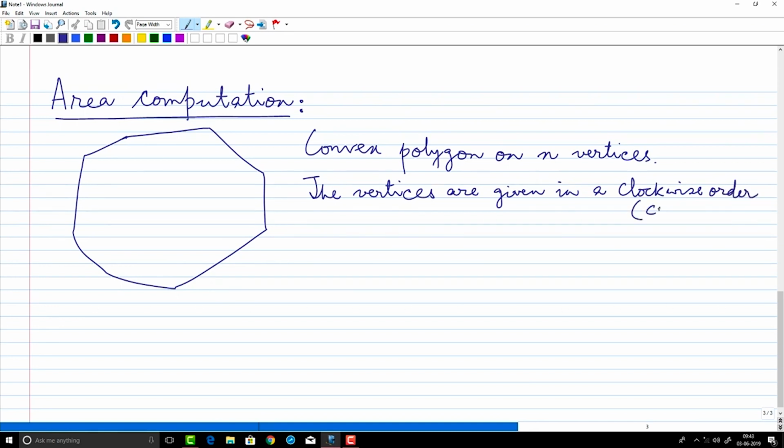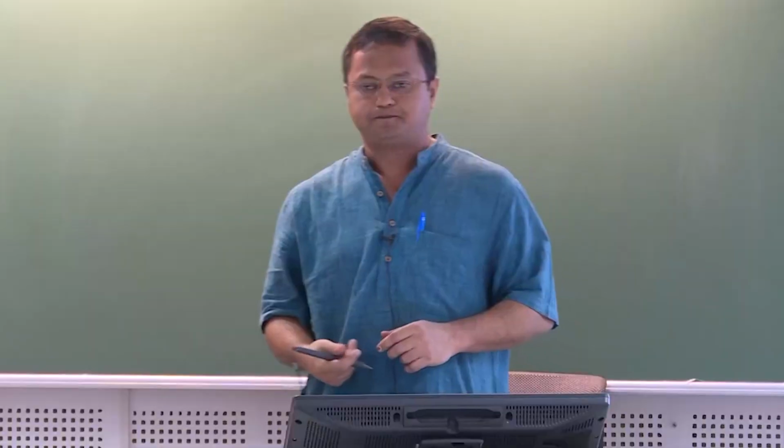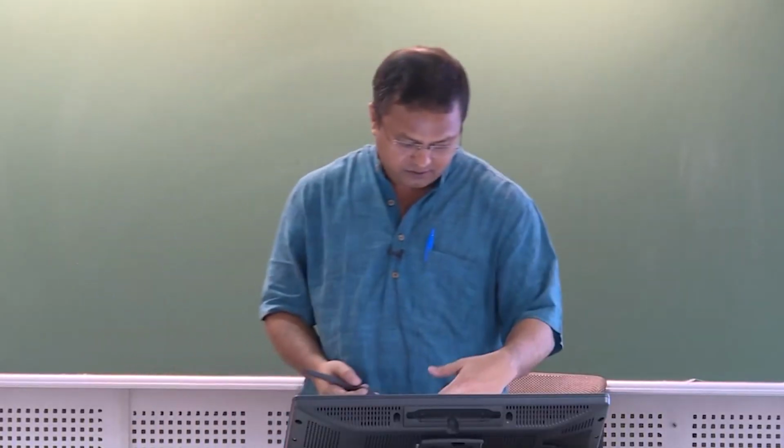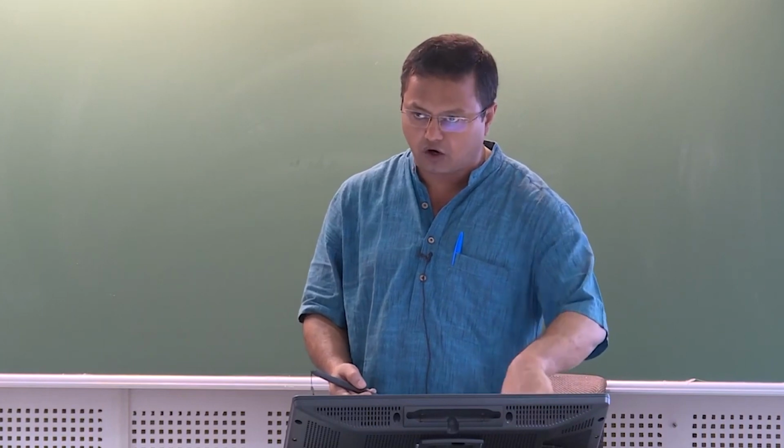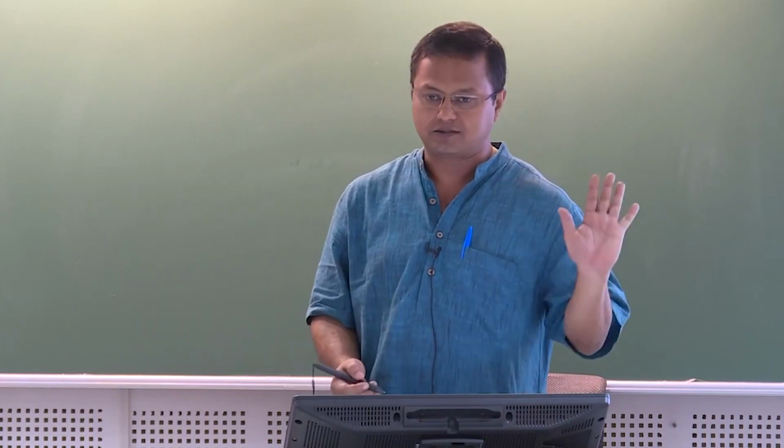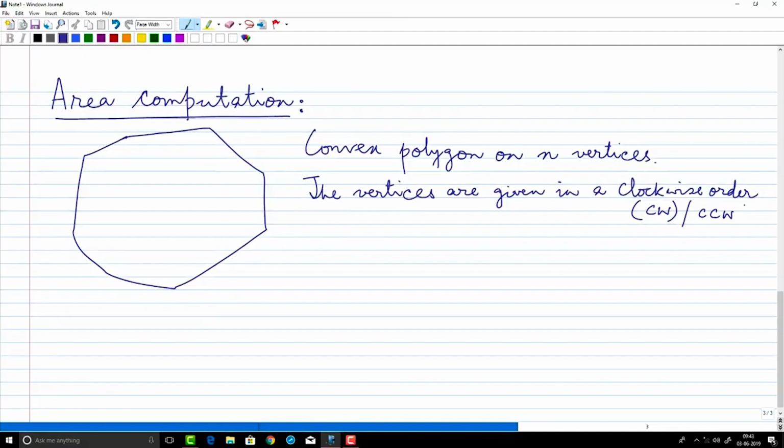So, I will write CW for clockwise, and if I want to write counterclockwise, I will write it as CCW. Okay. So, this convex polygon is given to you as a circular order of its vertices, fine.